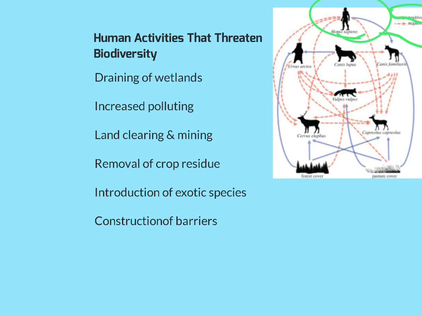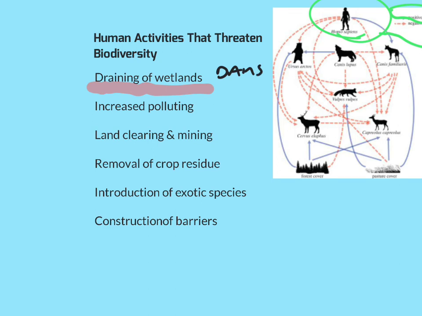So what are some of those human activities that threaten biodiversity? Now, I'm speaking primarily through the lens of frogs and amphibians here. Some of these activities that would threaten biodiversity are the draining of wetlands. There are many different reasons why we might do this.